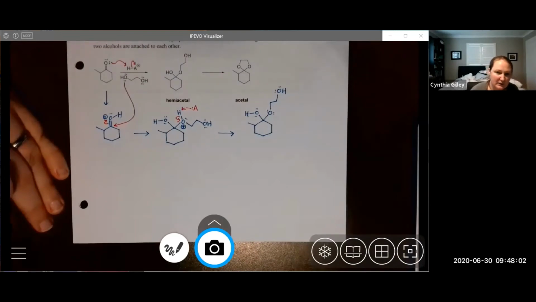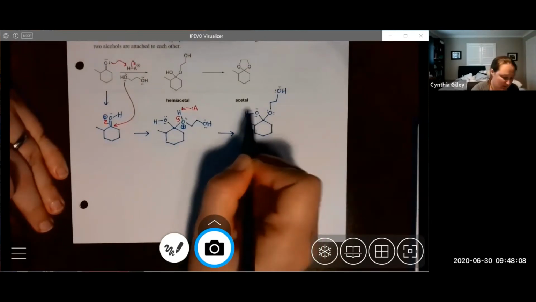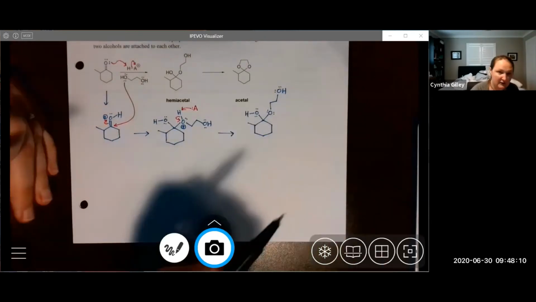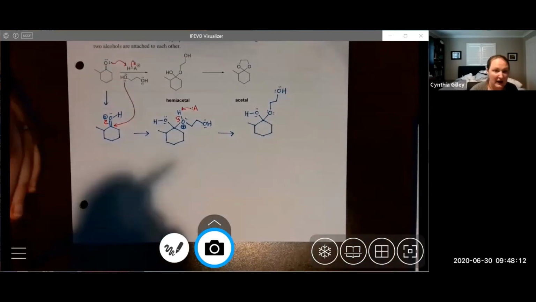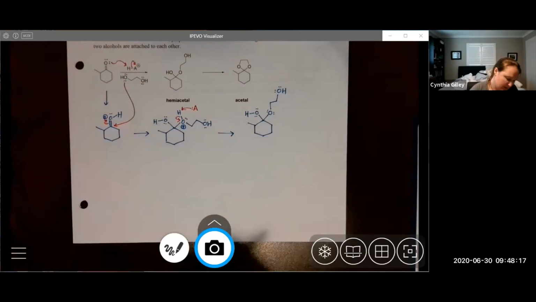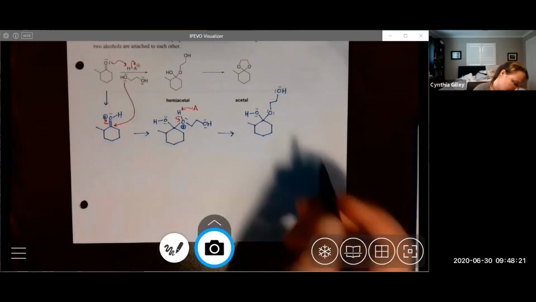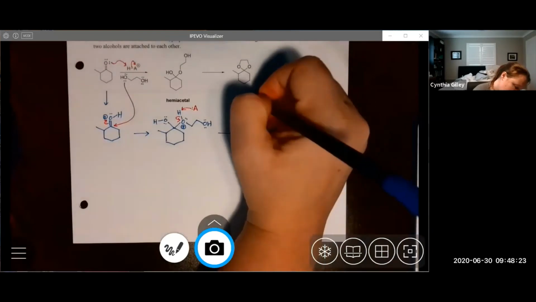Okay, once we're neutral, now we need to think, okay, I do want to get rid of this, and I do need this to be a good leaving group. So we can protonate here now, and we'll not have an intermediate with more than one positive charge. So in order to protonate this oxygen, I need to draw in the acid. I can draw in my HA.